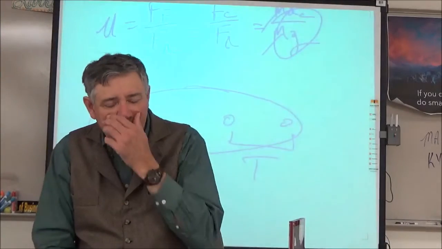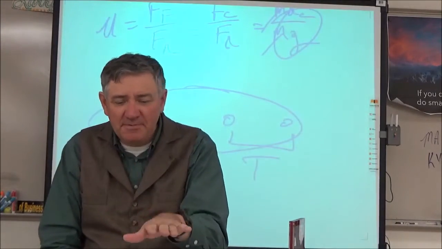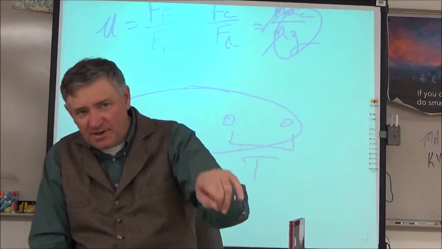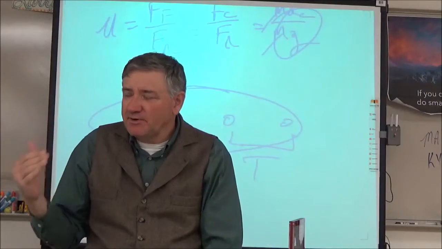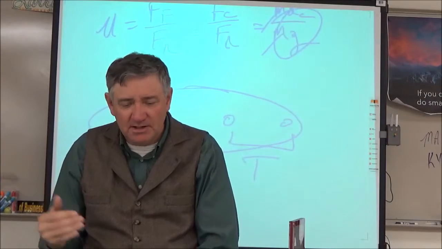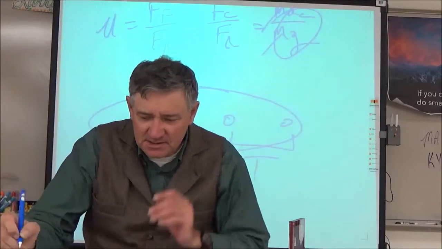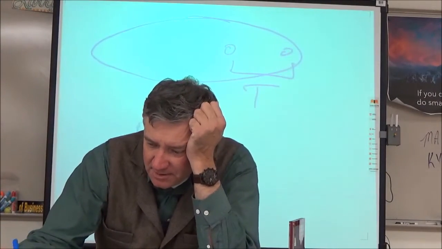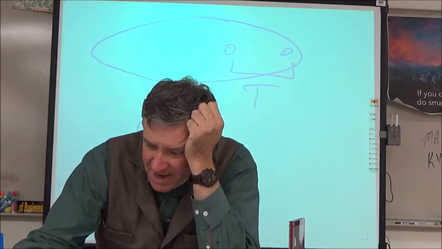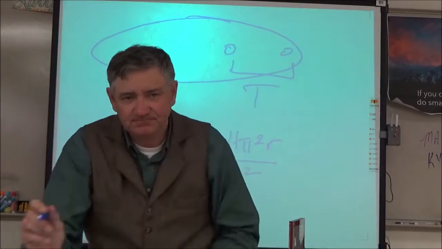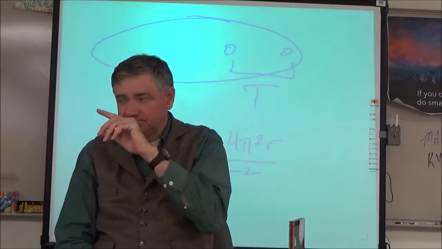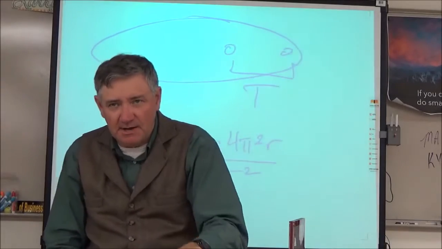So, what's keeping them moving in a circle? Friction. Is there a limit to what friction can do? Yes. So, look at this in terms of the centripetal force, which is going to be mass times 4 pi squared r over T squared. Is the mass of each dime the same?